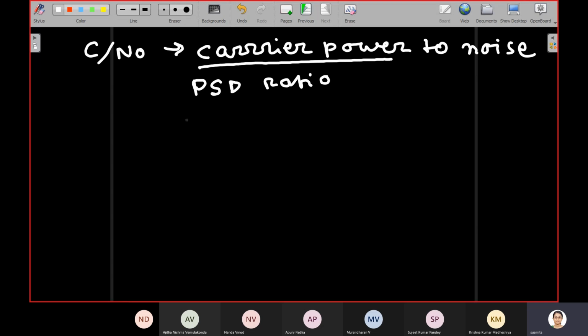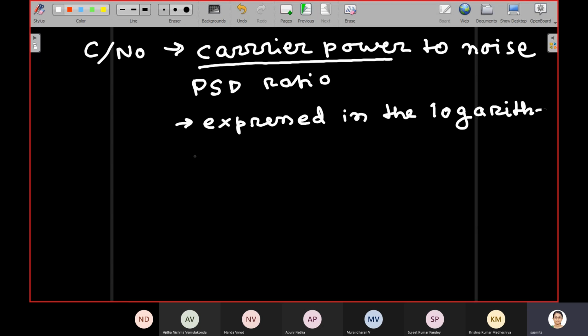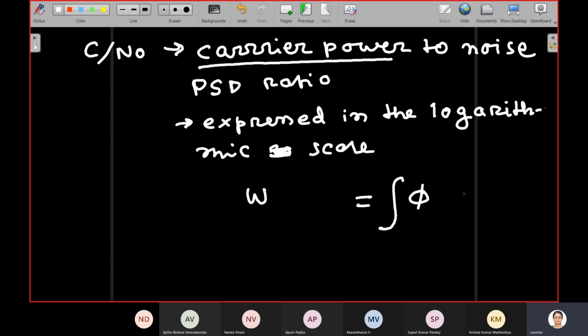Now this is expressed in logarithmic scale. So now we know that the unit of power is watt. What is the unit of power spectral density? On the left side we have watt, and on the right side we are integrating the power spectral density over the frequency range, so it must have a unit of watt per hertz, right?